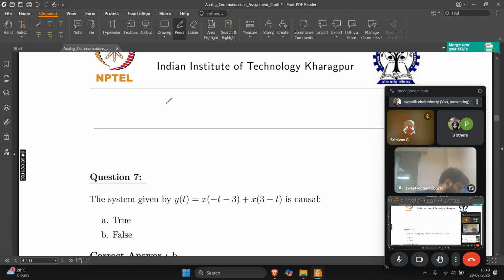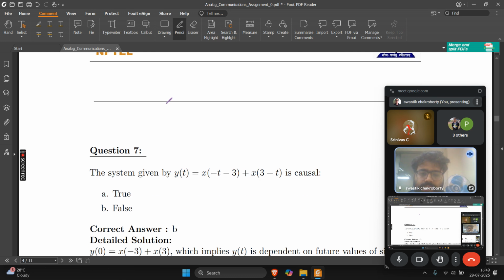Usually we take an arbitrary reference, t equal to 0, but it can be different for your case. If you take a reference point, all points to the left should be 0. In other words, in negative time your signal should be 0. It should only be in the positive time. Okay, so that is for a signal.